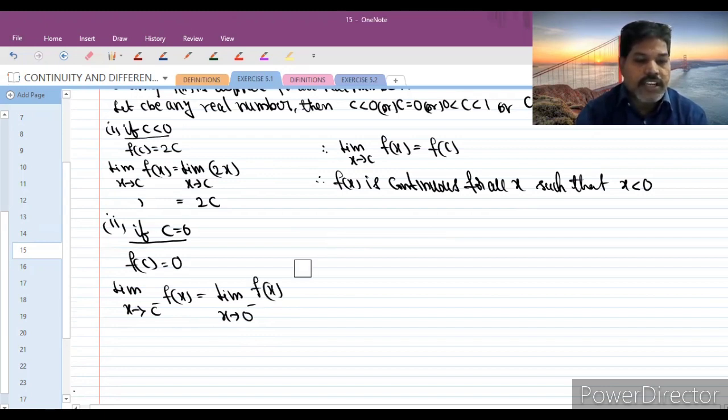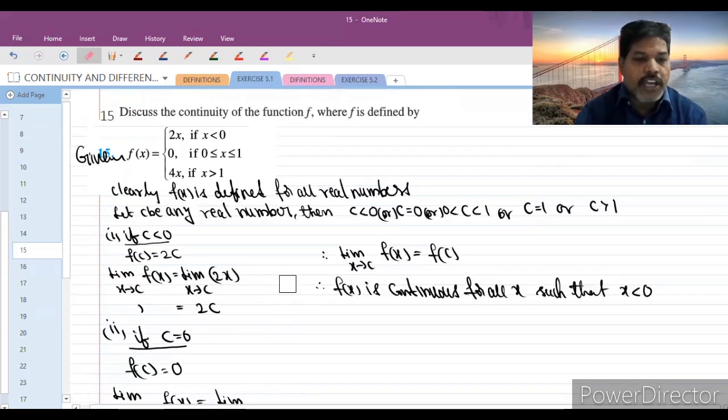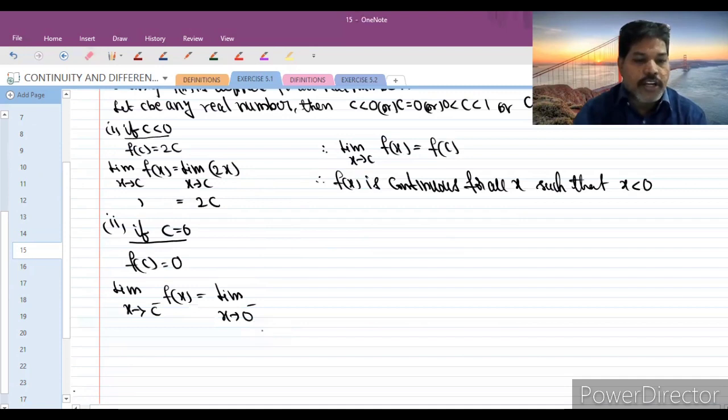If x is less than 0, f of x will become 2x only. If you apply the limit, it will become 2 into 0, so this value will become 0 only.